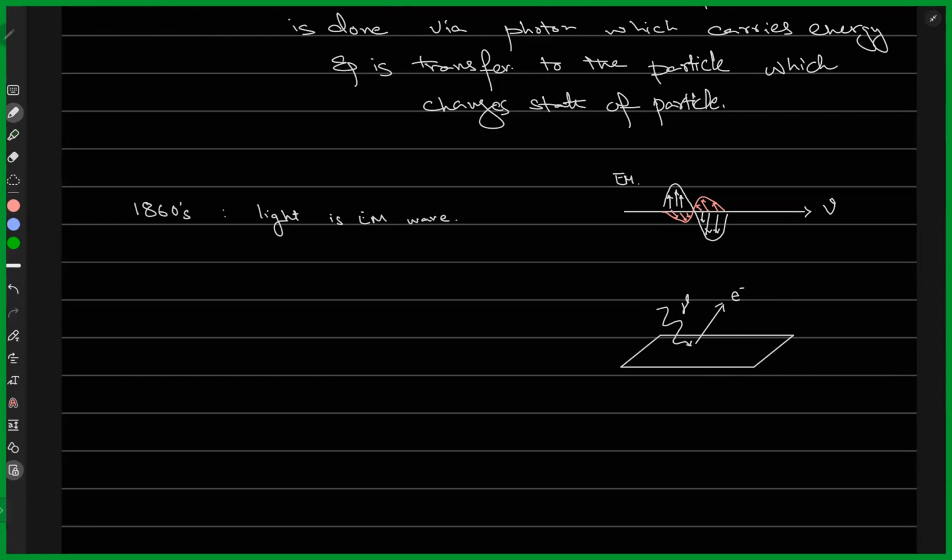So it is capable of emitting an electron. That's why photo emission. Photo as in light, electromagnetic wave, and emission of electrons, because electrons are being emitted. So given enough energy to this photon, it can spit out an electron from this metal sheet.